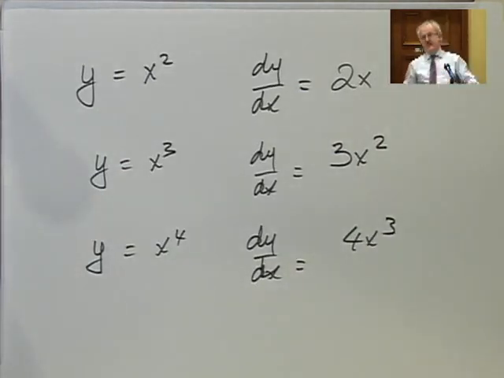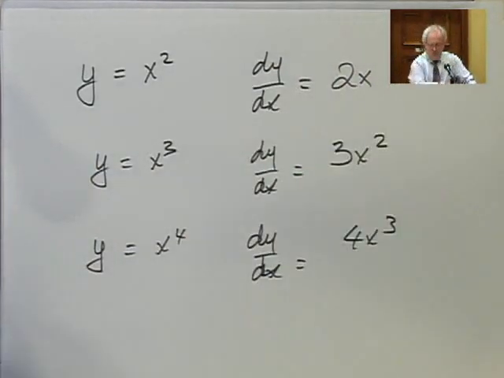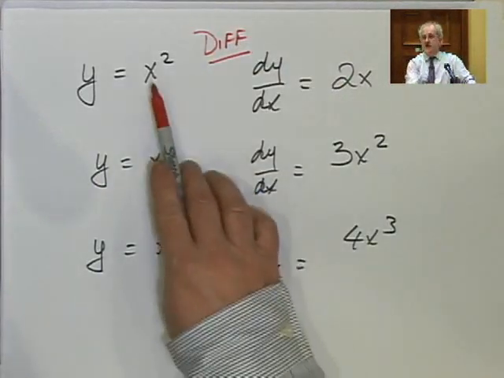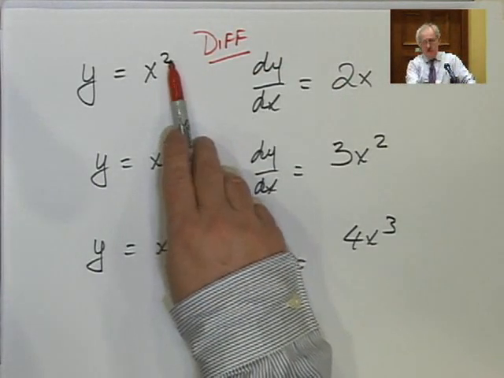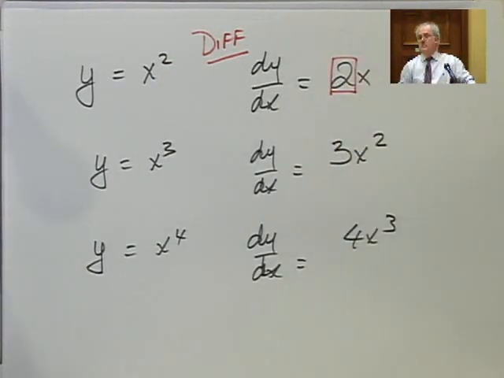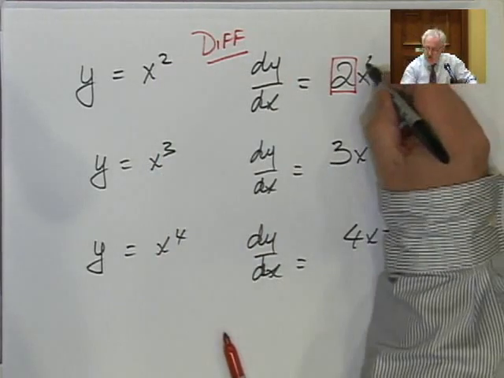So what they have told you is that there is a process called differentiation that takes a number with the power, takes that 2, uses it here as a multiplication, and reduces this number by 1. So this becomes 2 minus 1.